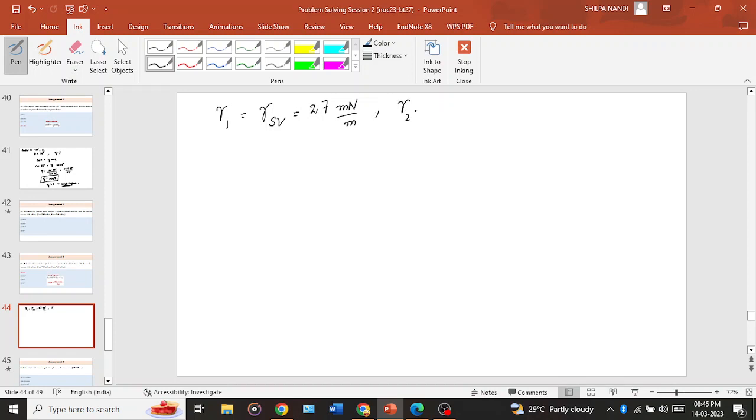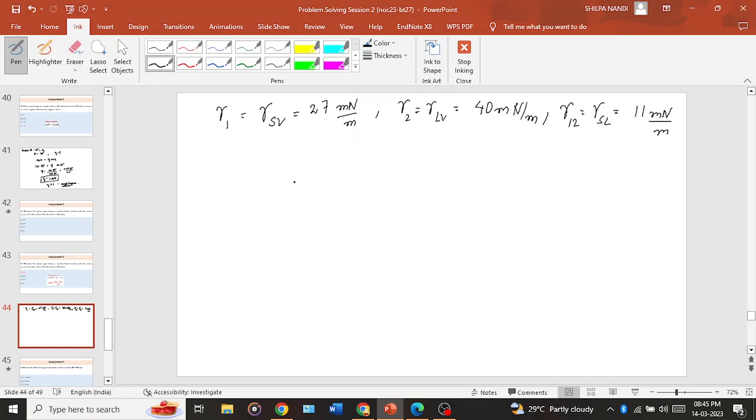Then you have gamma 2, which is termed as gamma LV, which is given as 40 millinewton per meter. And lastly, you have also been given the gamma 1 2, which is gamma SL is equal to 11 millinewton per meter.